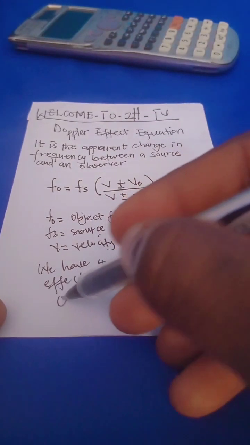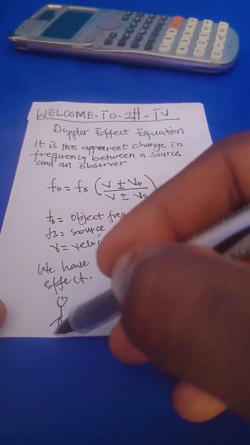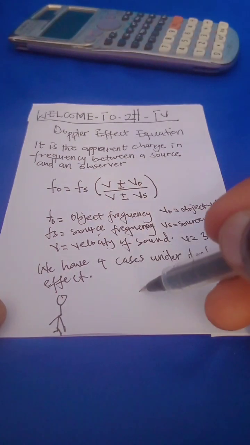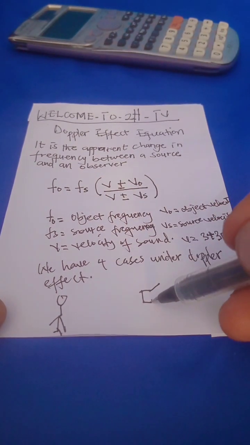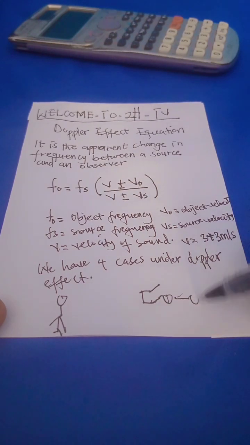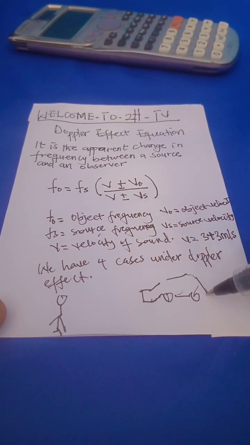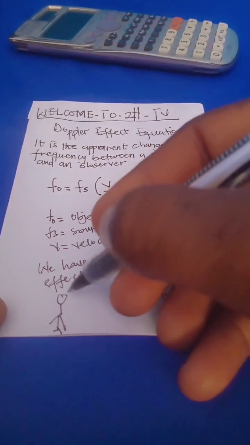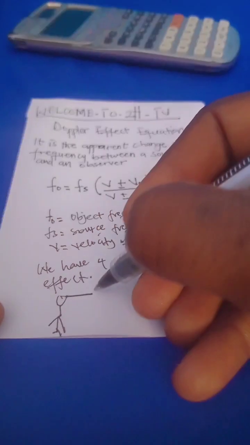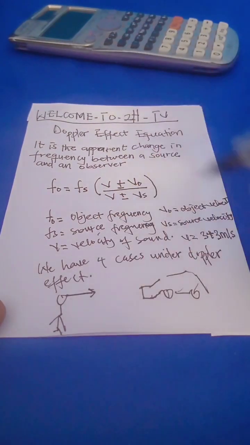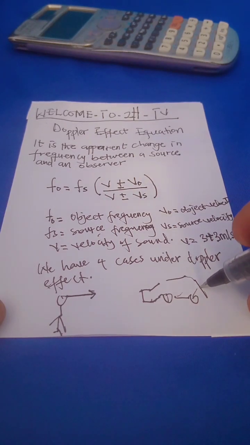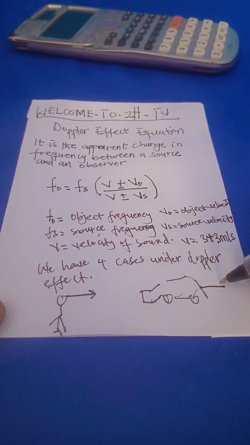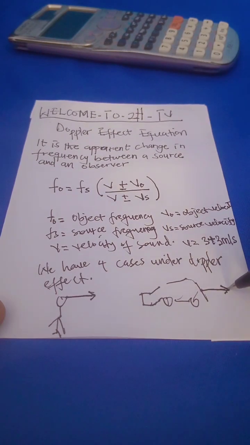Let's have our object here and let's have our source here. So this is our object, this is our source. So the first case could be that the object is moving towards the source, and the source is moving away from the object.